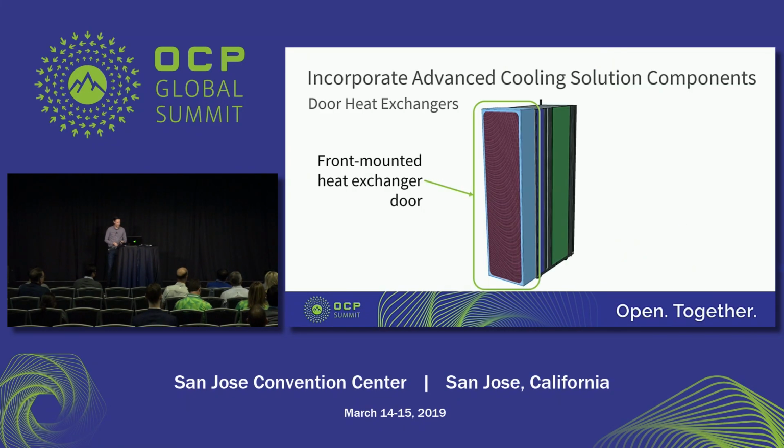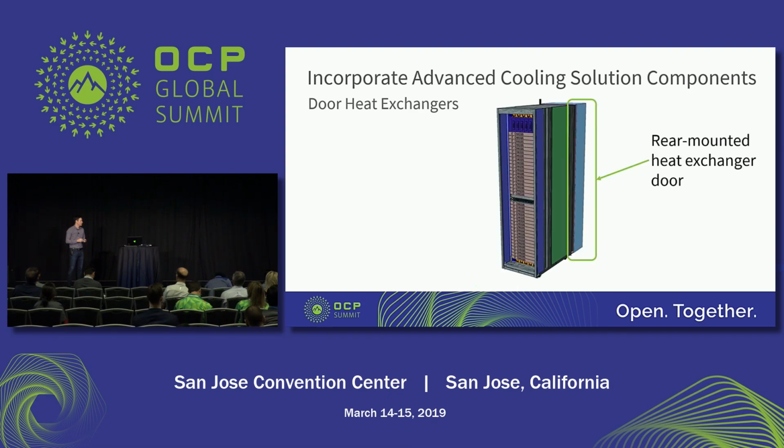There we go. So this is a rendering of some of the work that's getting done in the advanced cooling solutions sub-project. This is working on a front mount heat exchanger door, and we're also working on a rear-mounted heat exchanger door.